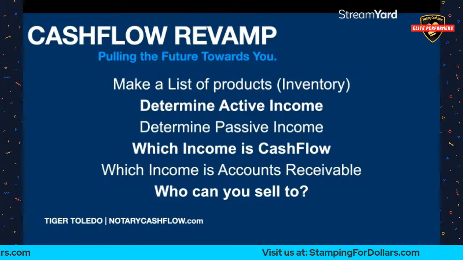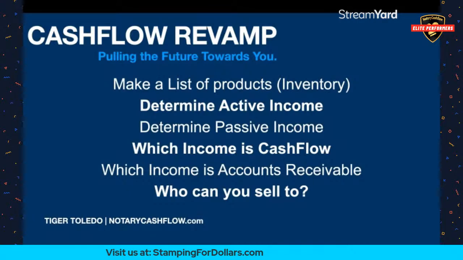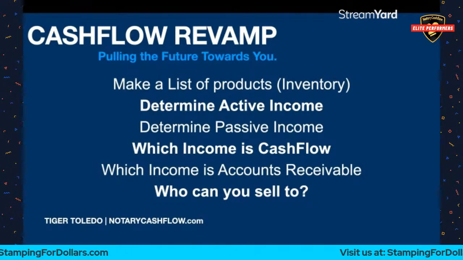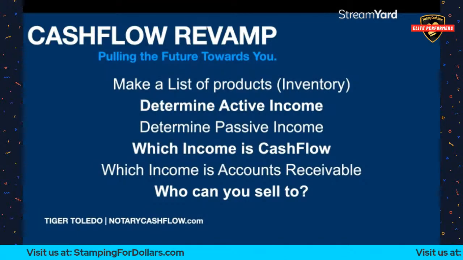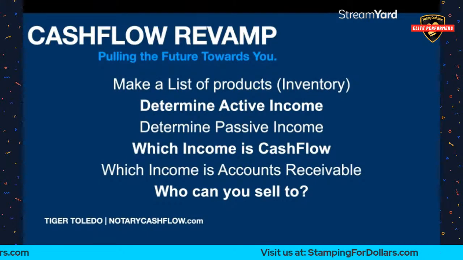Then you're going to determine what your passive income is. If you don't have any passive income, we need to explore some passive income things that you can do to generate. Then we have to figure out which income is cash flowing versus which income is account receivables.